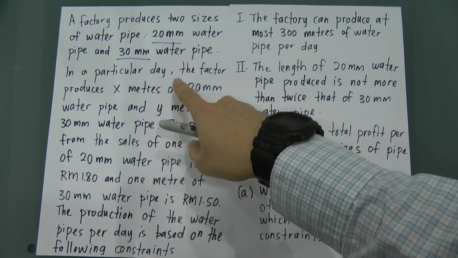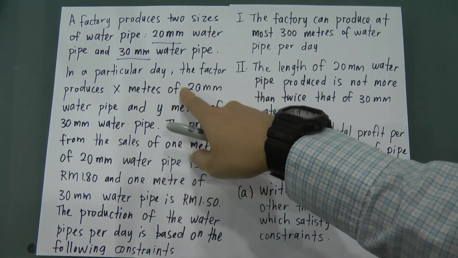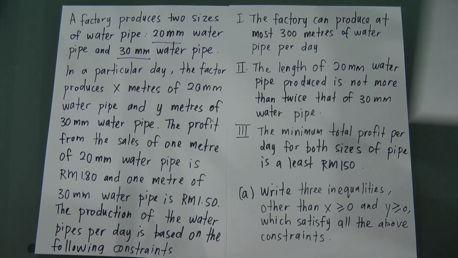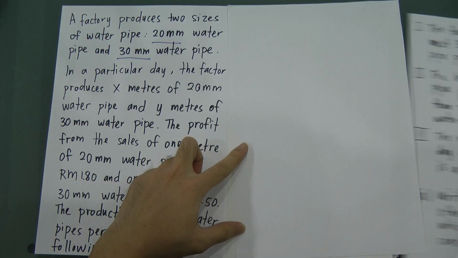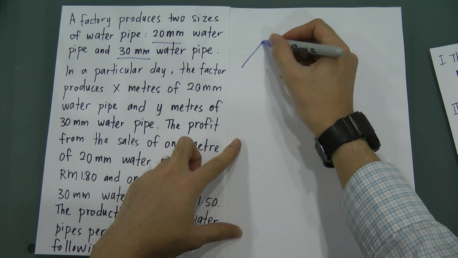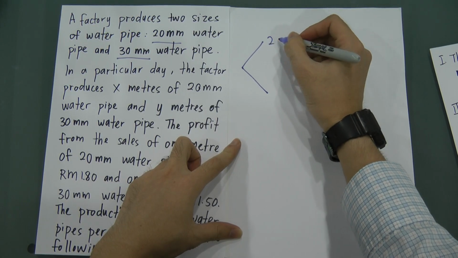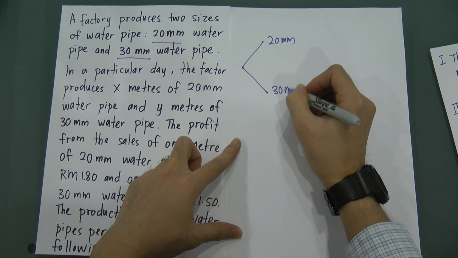In a particular day, a factory produces x meters of 20 mm water pipe. Let me do a quick remark here. First, he says this is a factory that produces two types of water pipe, 20 mm and 30 mm.